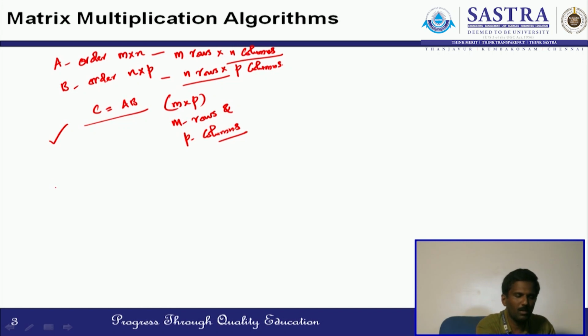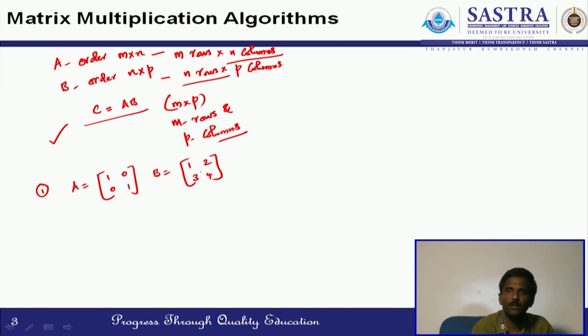For example, if A is equal to 1 0 0 1 and B is equal to 1 2 3 4, then we can find the product of A and B using the conventional matrix multiplication method.